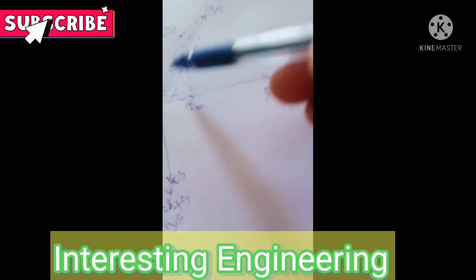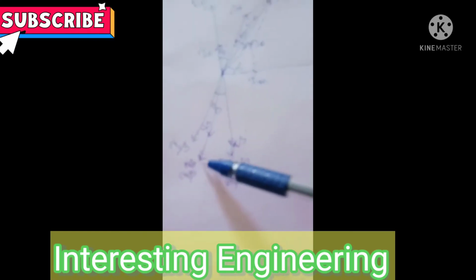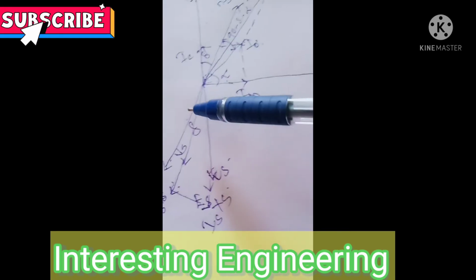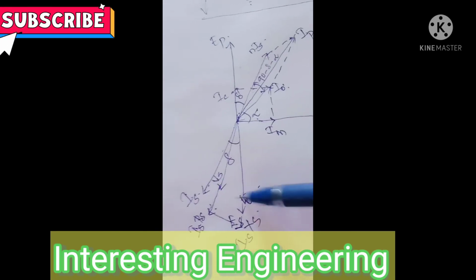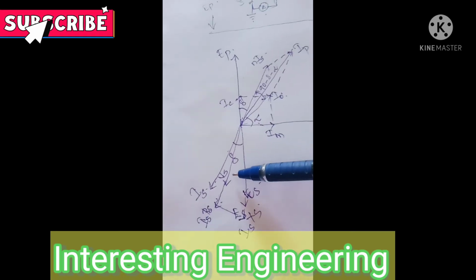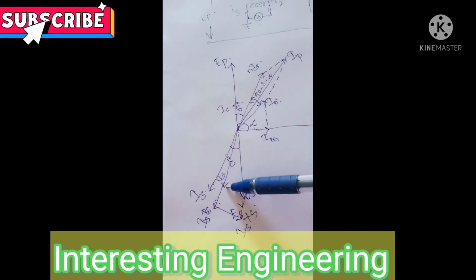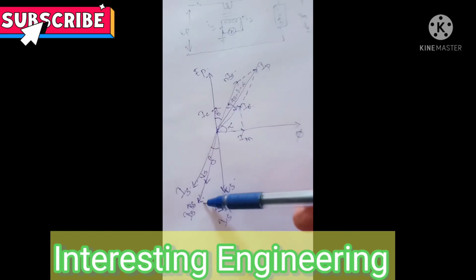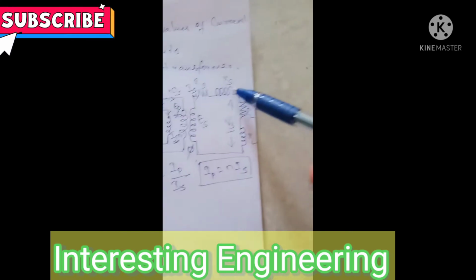So I have joined this line. So we have IP line here, and apart from this I am representing Vs, ISRS and ISXs. So due to the potential ES and IS, there develops a terminal voltage Vs, that is represented here, and when this secondary current flows through the resistor, the potential will be in phase with IS, so ISRS, and due to the flow of current through Xs, there will be a phase difference of 90 degrees.